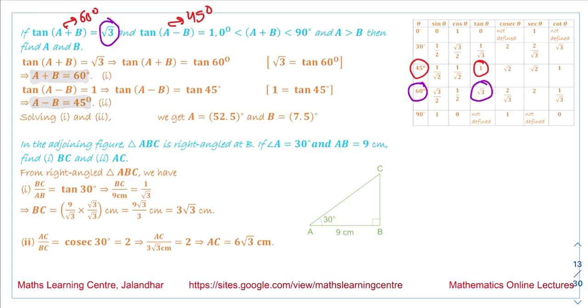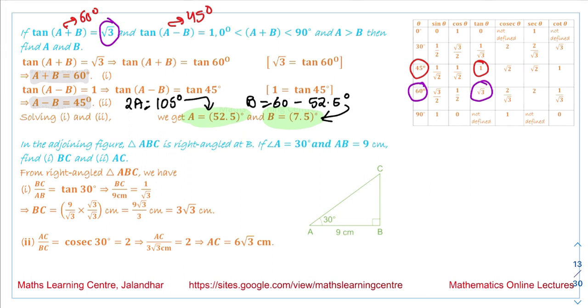On solving these two equations, when we add them, we get 2A equal to 105 degrees, and this gives us the value of A as 52.5 degrees. Then the value of B is 60 − 52.5 degrees, that is equal to 7.5 degrees. The angles A and B can have any value between 0 and 90 degrees.